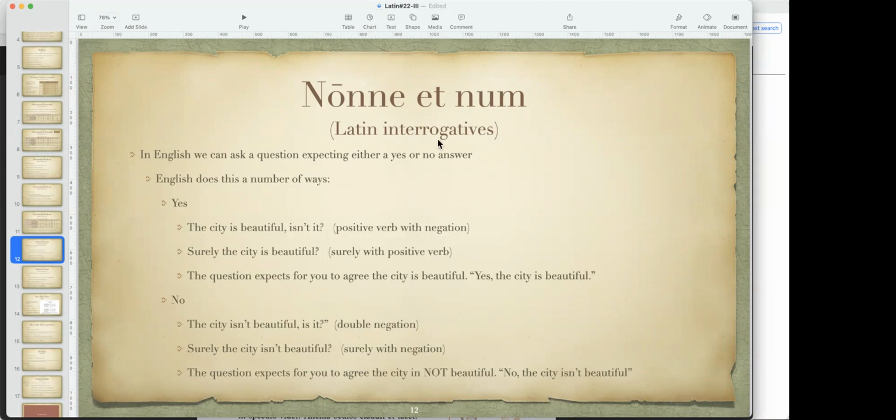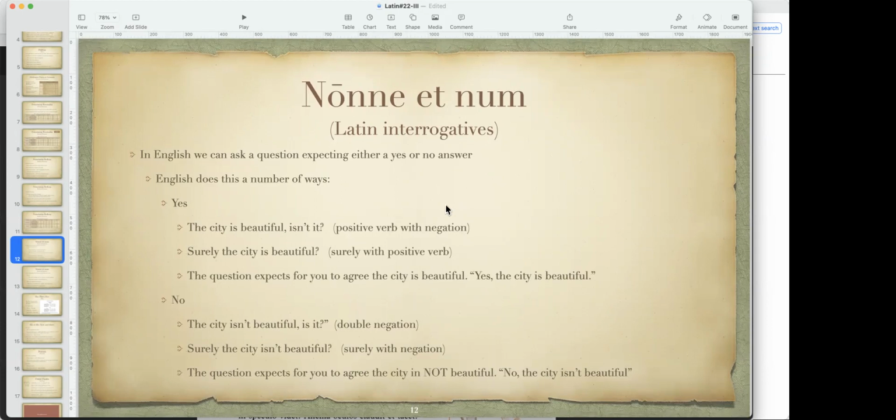And even that's a little cumbersome in English, because are you saying yes, something is that way, or no, it's not that way? So you can say, you don't know the answer, do you? And the implication is no. It is expecting a yes or no answer, but you can get wrapped around it, because English does not like double negatives, which can sometimes creep in.